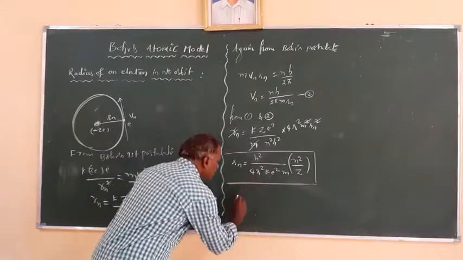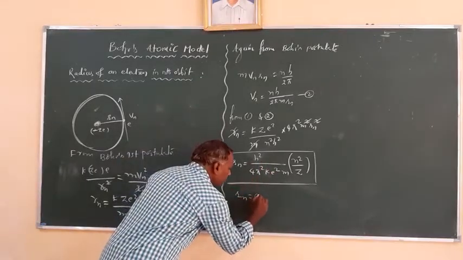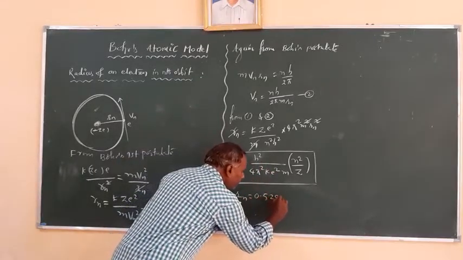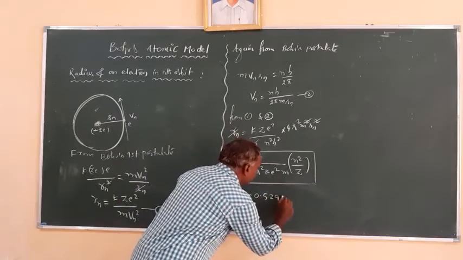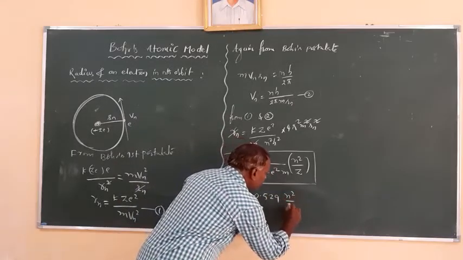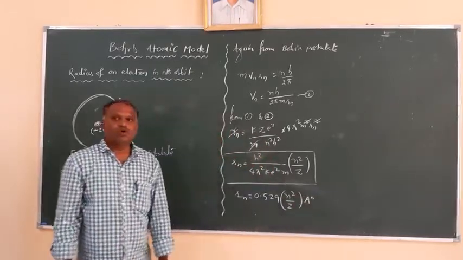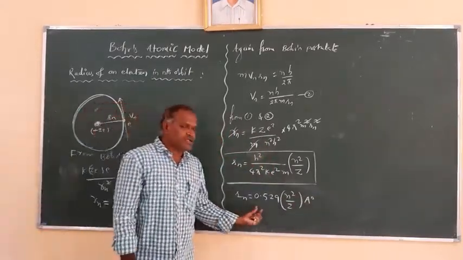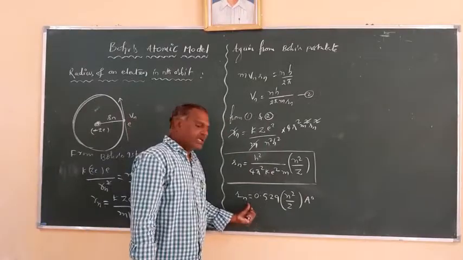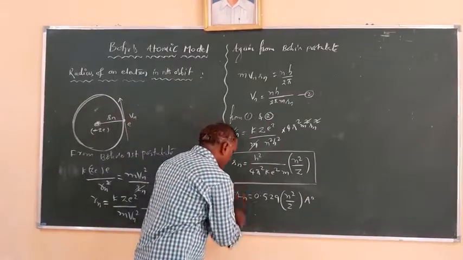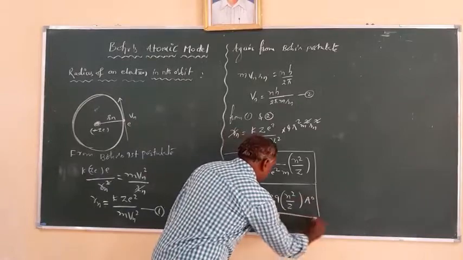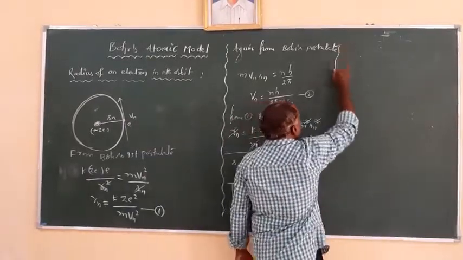this can be further written as Rn is equal to 0.529 into n square upon z. It is in angstrom units. The value of radius is calculated and given here. This is the equation after substituting the constant values.